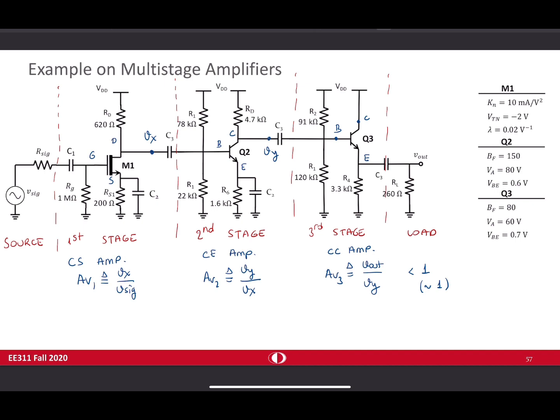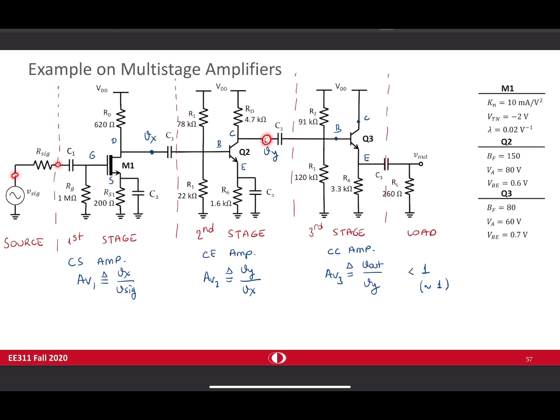So we have identified the individual stages in this multi-stage amplifier. The first stage has a high gain, and the second stage is common emitter, so it has a high gain. So the gain from here to here is a very high gain.